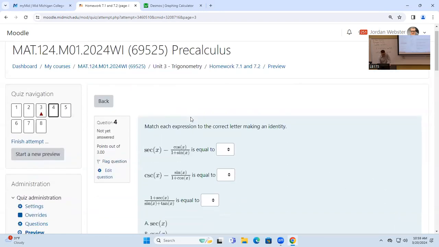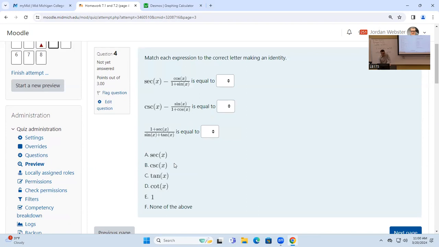And this is the same thing, multiple choice. When I say, what trig function is it equal to? Well, here's a list of trig functions, or E. That's kind of what we're doing.